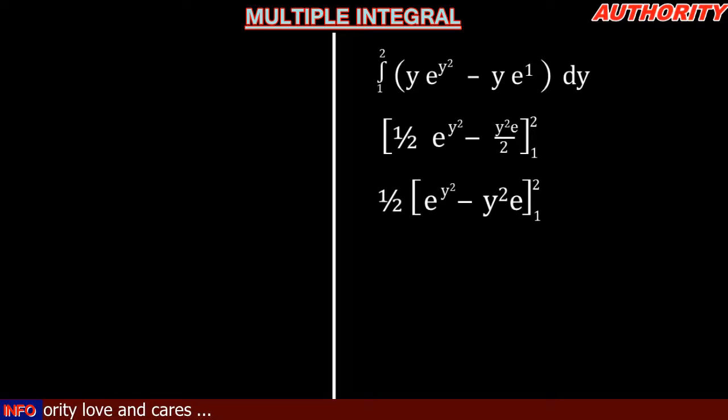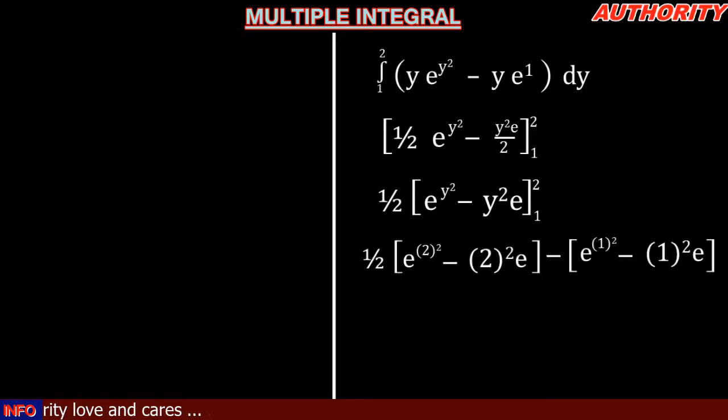Okay, so let's place in the upper limit minus the lower limit. Doing so, we're going to have 1 all over 2 open bracket, e raised to power y squared. In place of y, we plug in the upper limit, which is 2. Here we have 2 squared minus, in place of this y, we place the upper limit, which is 2.